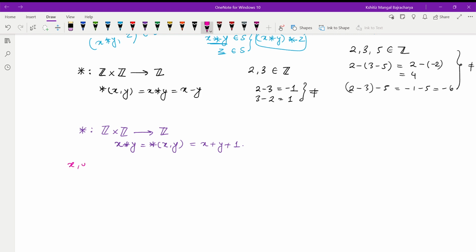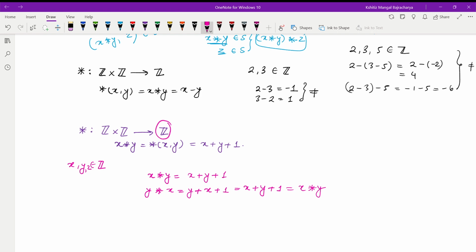If we take x, y, z in Z, x star y equals x plus y plus 1, y star x equals y plus x plus 1. Since the addition of integers is commutative, we directly get the equality at once.